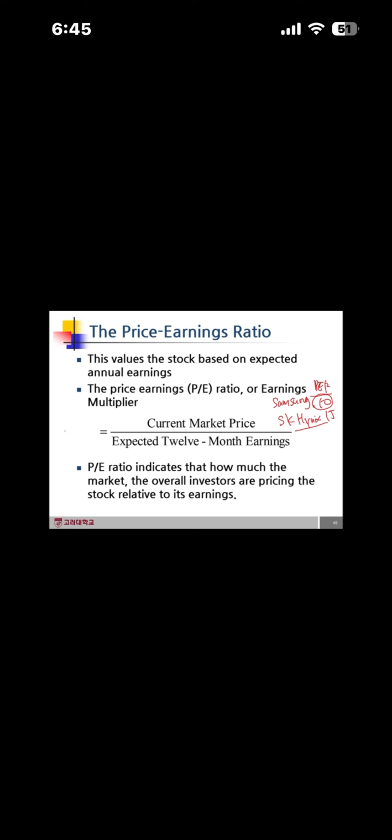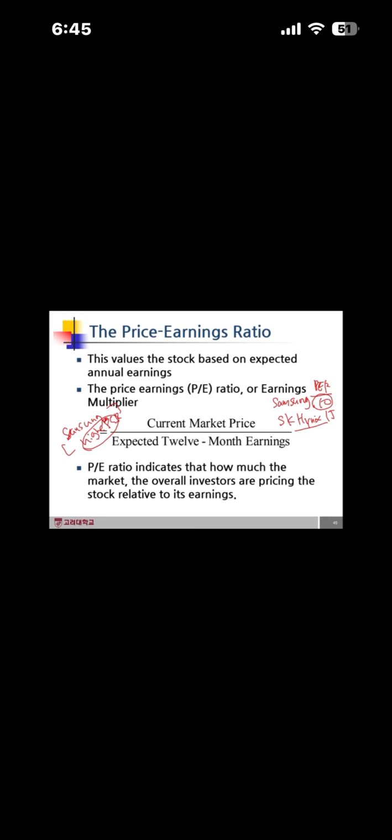Okay, if Samsung has a higher PER ratio than its peers or than its industry average, you may look for why. If Samsung has better business outlooks and a stronger financial ratio than its peers, then this higher PER can be justified.